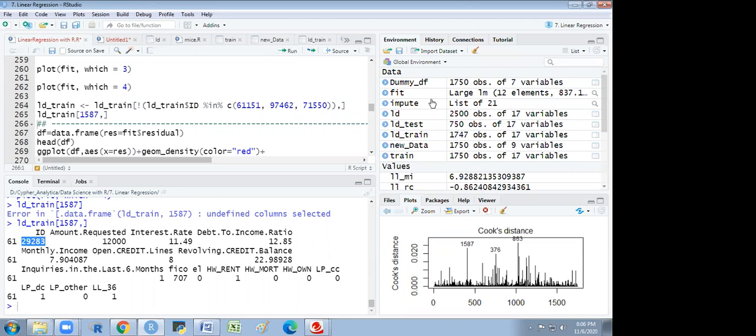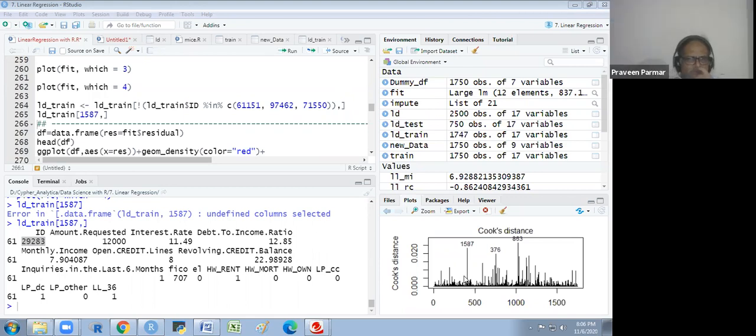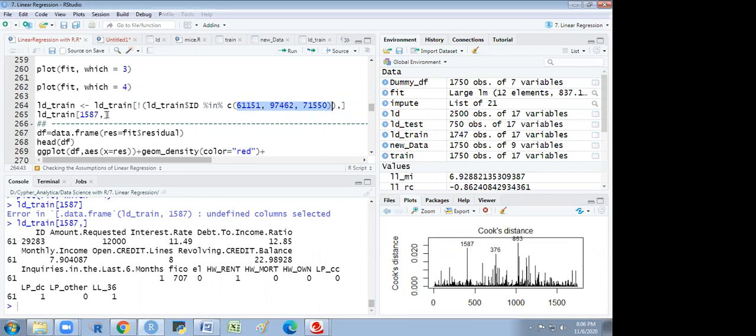Sir, the ID showing in the graph is the ID or index, sir? It's an indexing through this particular. If I see, the 1587 is showing me this, and this the 29283. Oh, we have not mentioned it here.